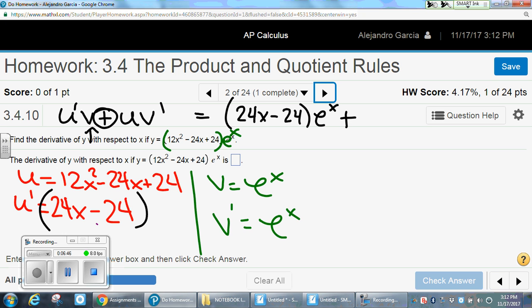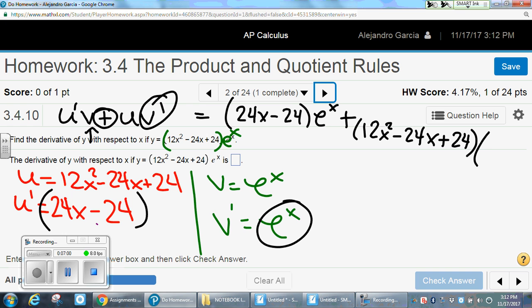We need function u, which is the polynomial 12x squared minus 24x plus 24 times v prime, and v prime is also e to the x. Okay, try to enter it like that. I don't think we have to distribute, but yeah, that would be correct.